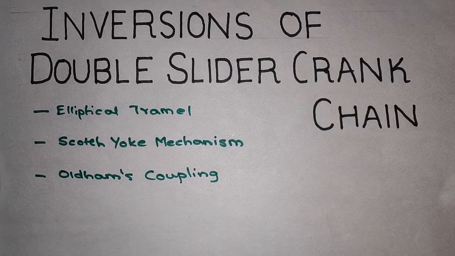Together those cylinders will be a single link and they will be fixed. That way we have the elliptical trammel, the Scotch yoke mechanism, and Oldham's coupling. In this lecture we'll be seeing one by one these three inversions. So in the inversions of the double slider crank chain we get three inversions. Let us see what these are one by one.